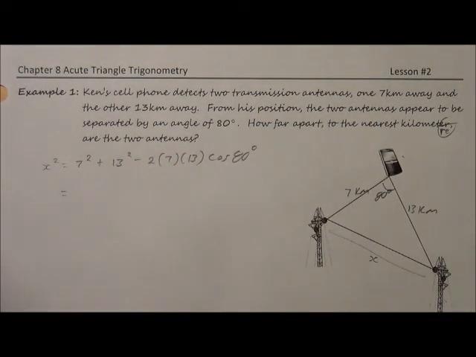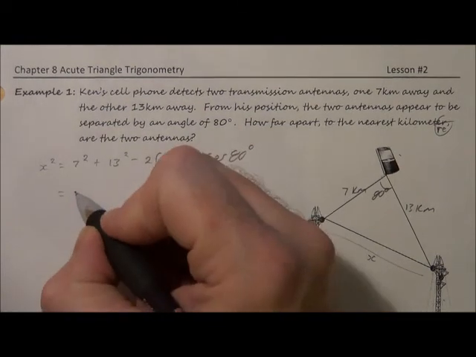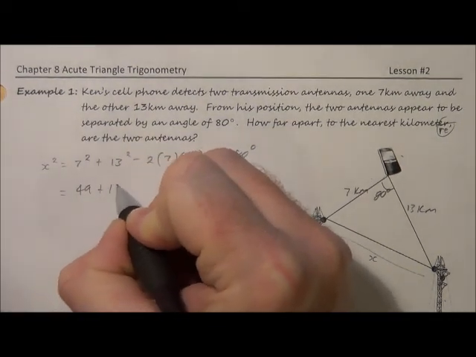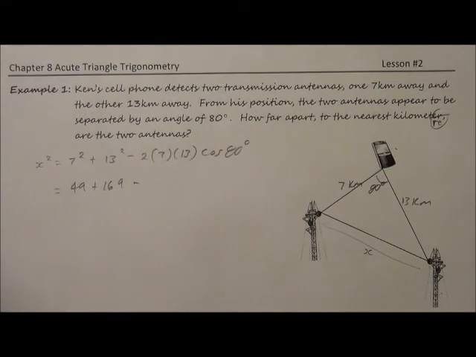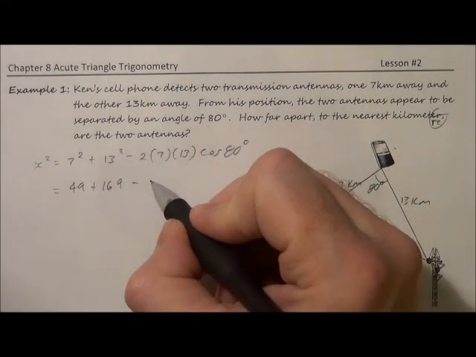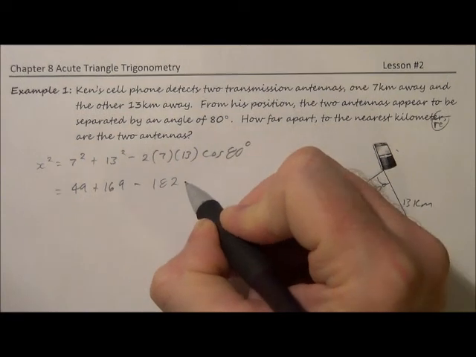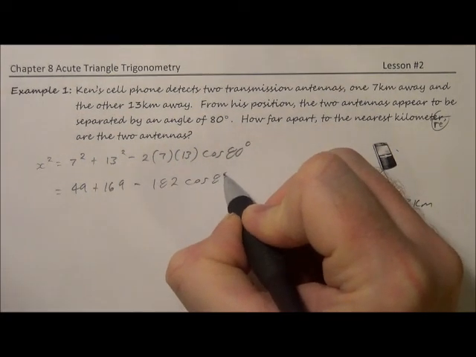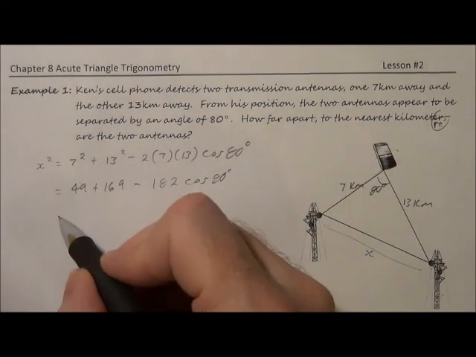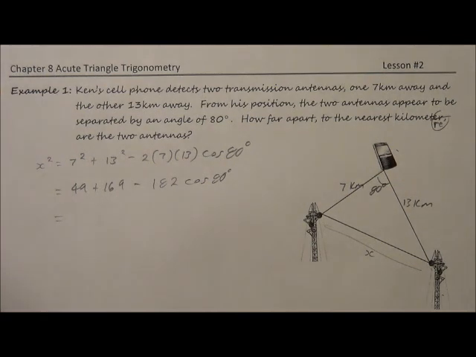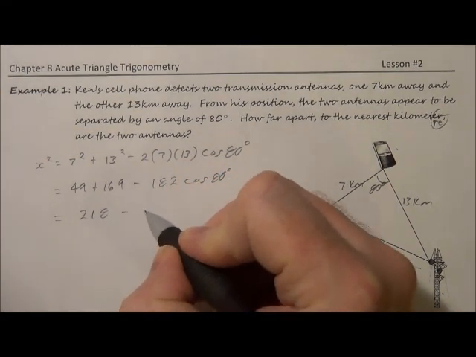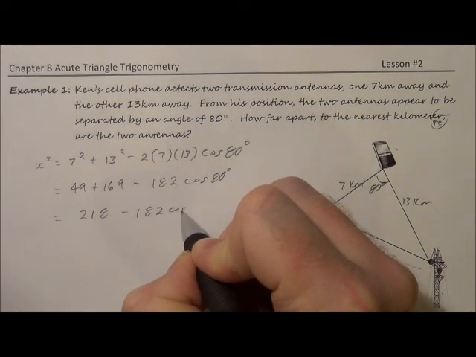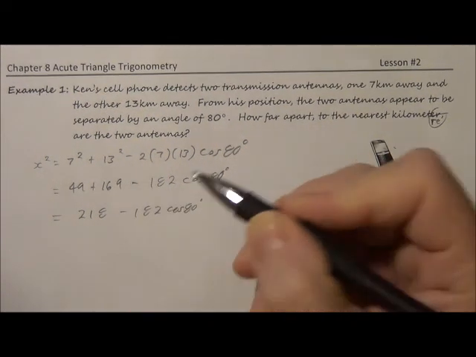Now I don't have a very fancy calculator, so I just do things a bit at a time. So I got 49 plus 169 minus 14 times 13 is 182 cosine of 80 degrees. And 49 plus 169 is 218 minus 182 cosine 80 degrees.